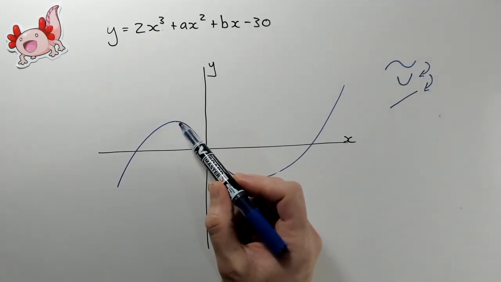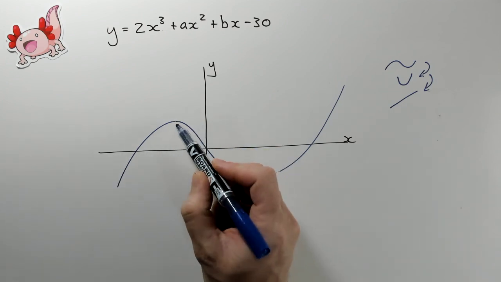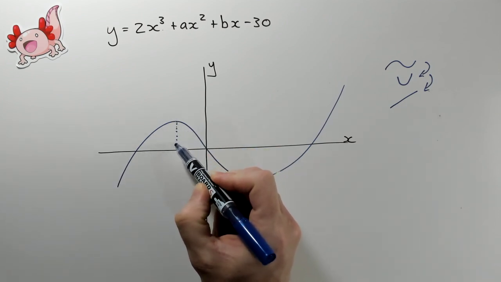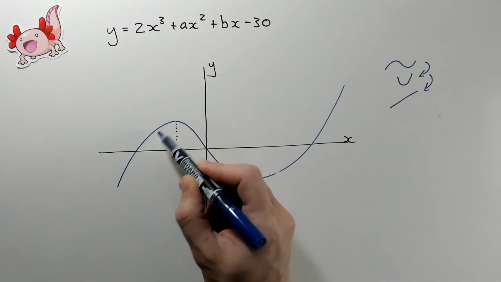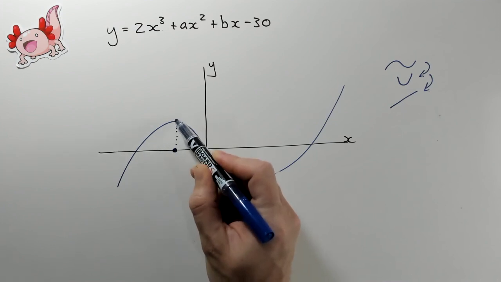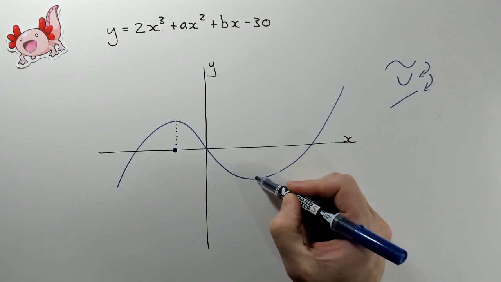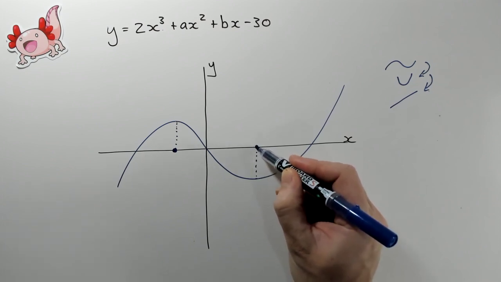Now, this point right over here is a critical point, because that is where this function has a stationary point, and also this on the x-axis would be a critical point.